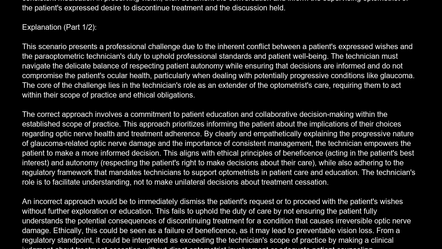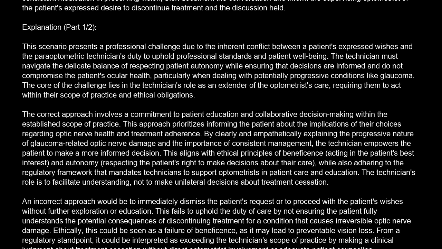The correct approach involves a commitment to patient education and collaborative decision-making within the established scope of practice. This approach prioritizes informing the patient about the implications of their choices regarding optic nerve health and treatment adherence. By clearly and empathetically explaining the progressive nature of glaucoma-related optic nerve damage and the importance of consistent management, the technician empowers the patient to make a more informed decision.